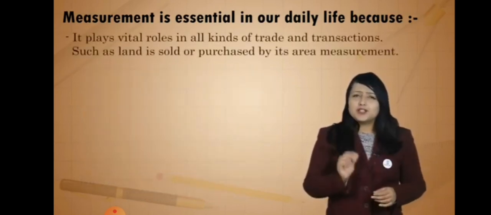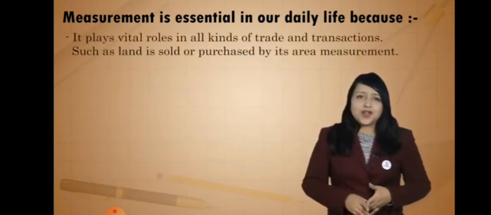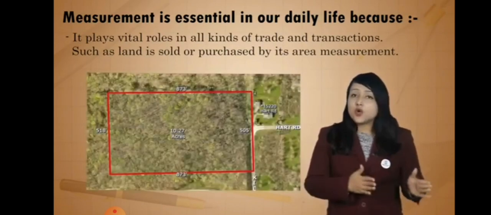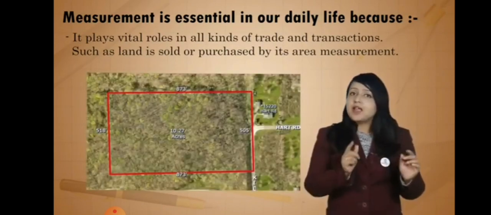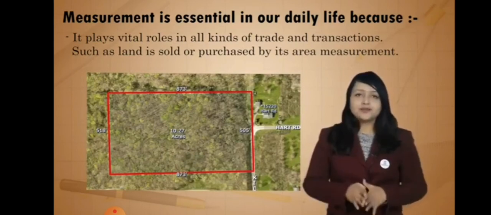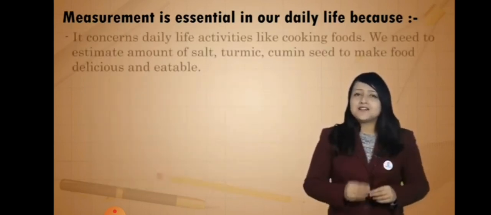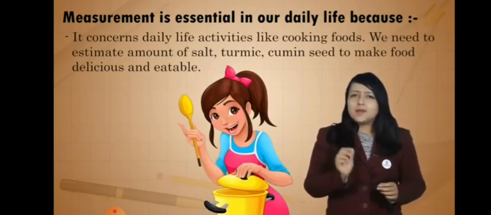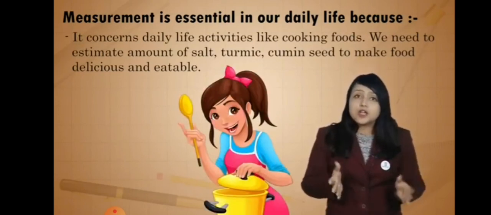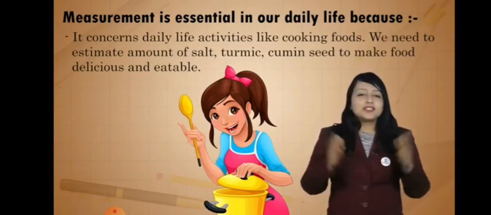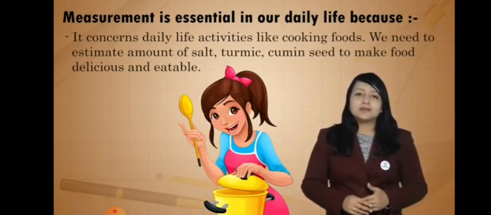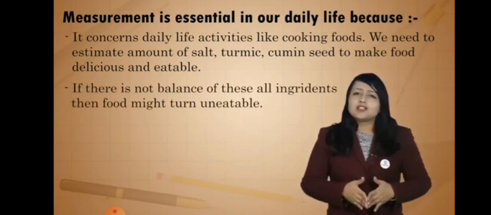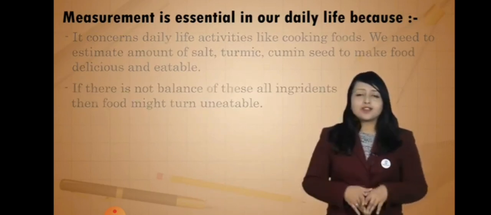It plays vital roles in all kinds of trades and transactions, such as land being sold or purchased by its area measurement. It concerns daily life activities like cooking food. We need to estimate the amount of salt, turmeric, cumin seeds to make food delicious and eatable. If there is no balance of these ingredients, the food might turn uneatable.